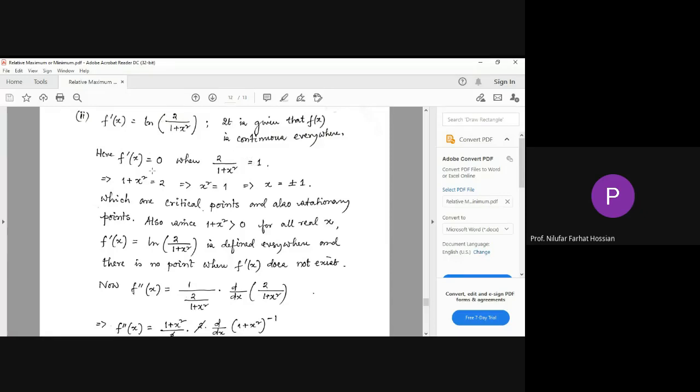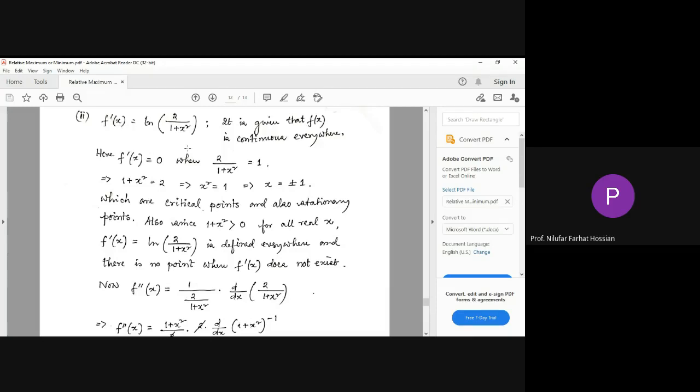So f prime x will be equal to 0 when 2 by 1 plus x square equals 1, because ln of 1 equals 0. Now solve this equation. 1 plus x square will be equal to 2, so x square will be 1, so x will be plus minus 1. So these 2 points are the critical points, and they will also be stationary points, because when x equals plus minus 1, f prime x becomes 0.